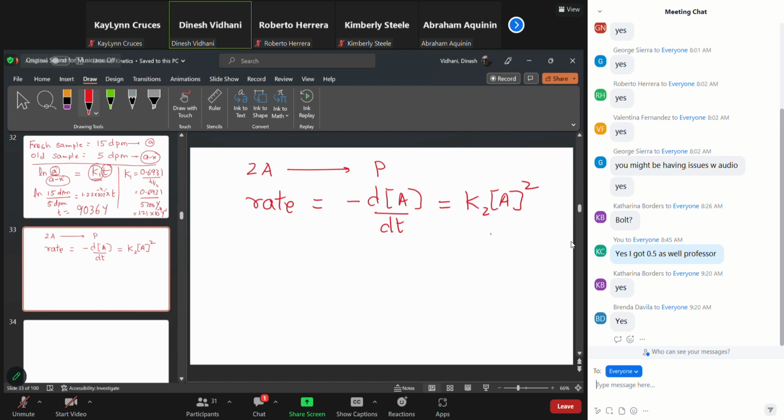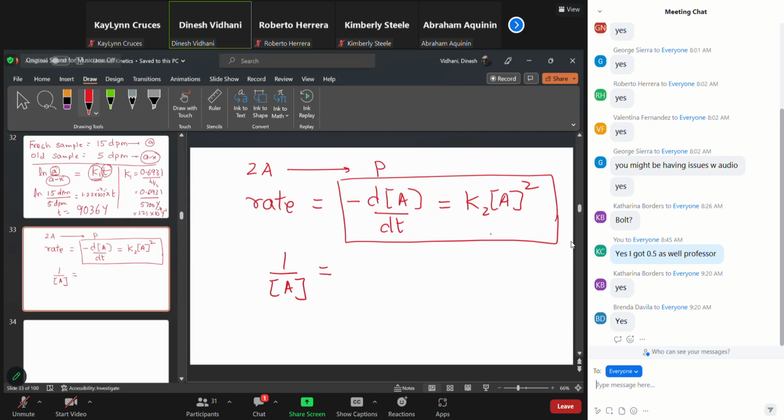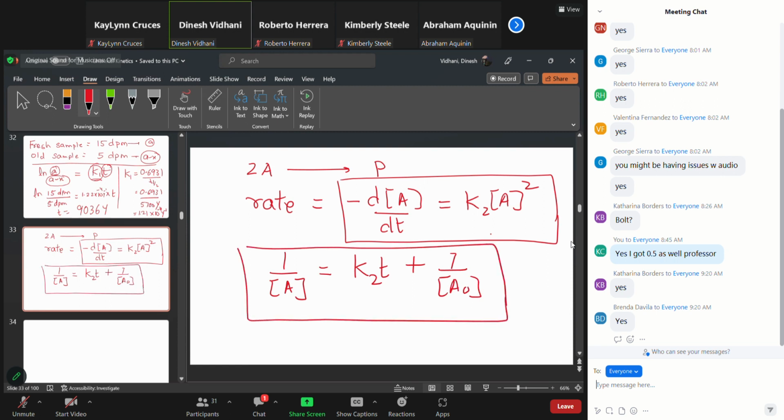So I'm going to give you the final version. After the integration, the final version will be 1 over A, the concentration at time t, equals K2 t plus 1 over A0, where A0 is the initial concentration. This is the equation for the second order reaction.